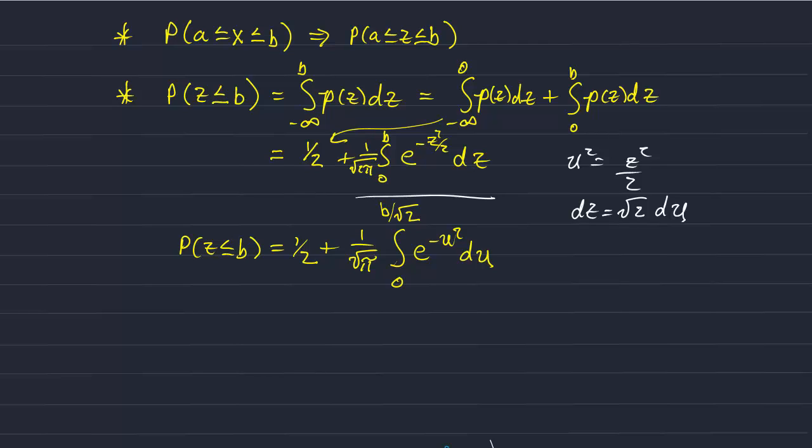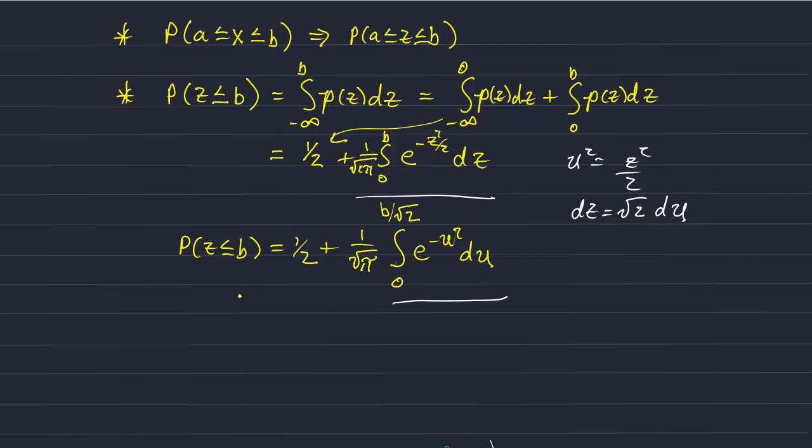So it turns out that this integral of e to the minus u squared du does not have an analytical function. It has to be solved numerically, but luckily it's widely used. So there are many tables, or even FreeMat or MATLAB have a function used to calculate that. And it doesn't calculate that.